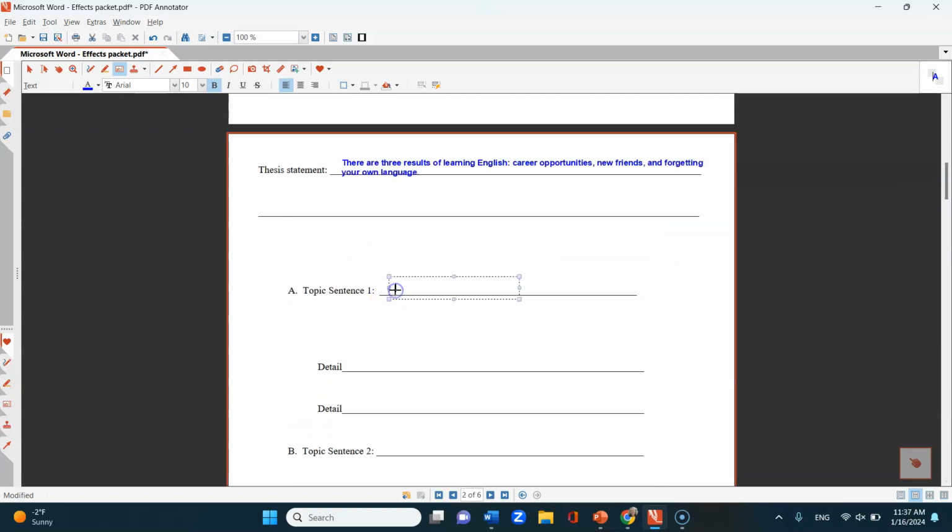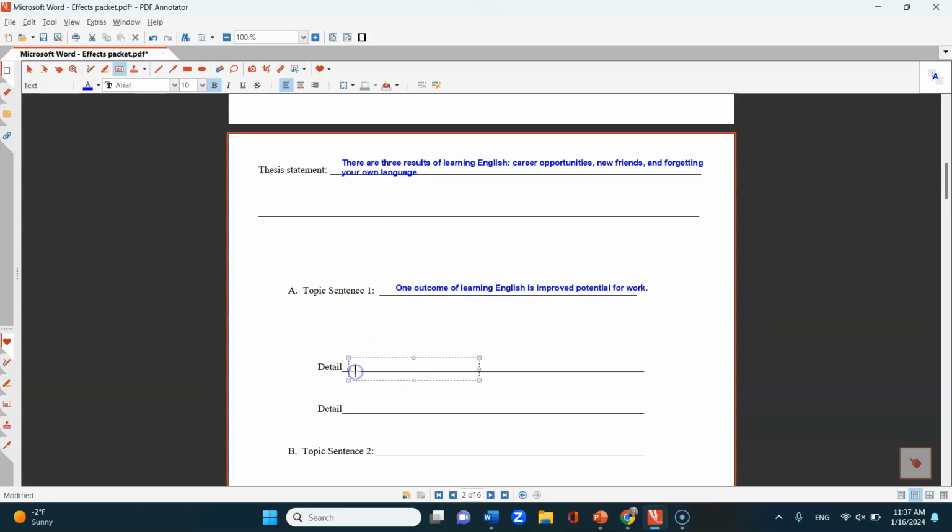Okay, so one outcome of learning English is more work is, let's say, like improved potential for work. Now, why did I write it instead of writing career opportunities? I was just trying to write it a different way so it's not boring repeating the same thing.